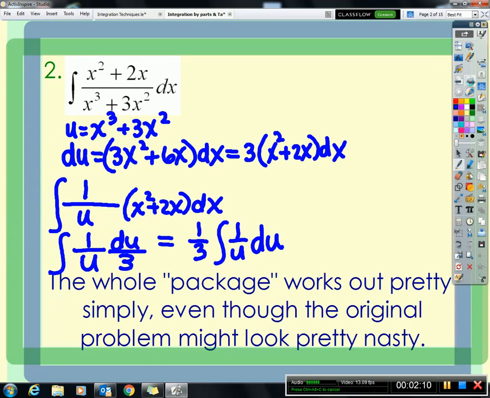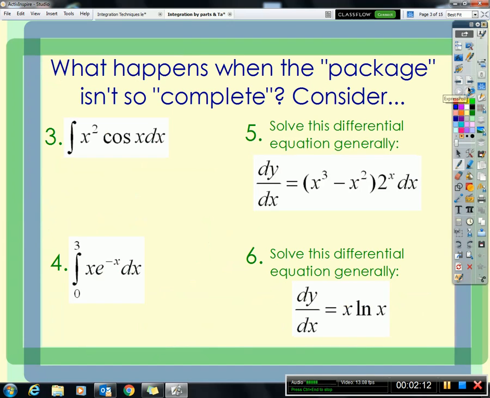Well, let's take a look at 4 examples that don't work out pretty nicely. On number 3, for instance, you might look at it and say, oh, okay, well, maybe I ought to let u equal x squared. But then du would be 2x dx. And then you ought to say, well, the problem is, what do I do with cosine? Because I can't somehow get cosine x out of what I've got for u and du.